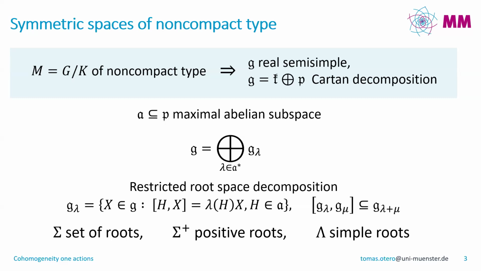The set of all roots forms an abstract root system. The difference with the setting of complex semi-simple algebras is that our root spaces here do not need to be of dimension 1, so they have some multiplicity attached to them, and the root system does not need to be reduced. We could have in principle that lambda is a root and 2 lambda is also a root. But apart from that, the rest works similarly.